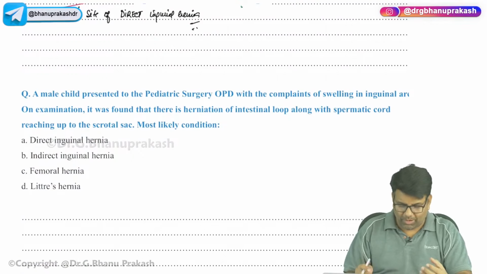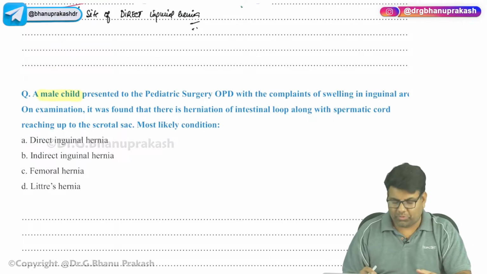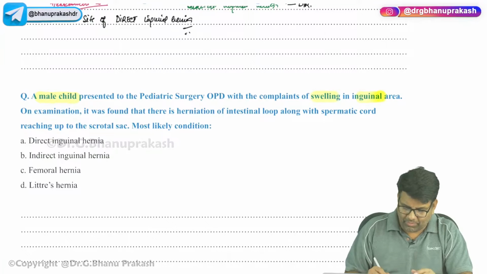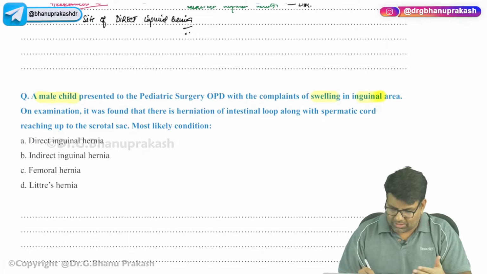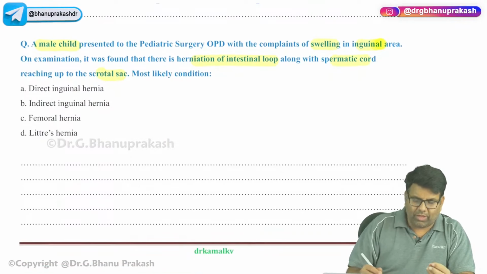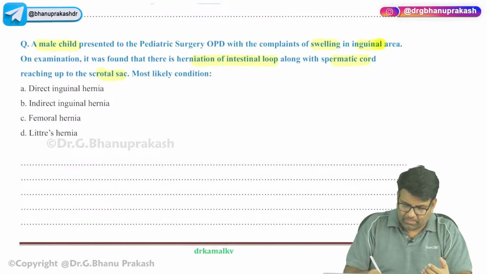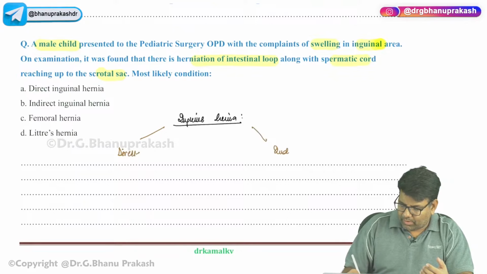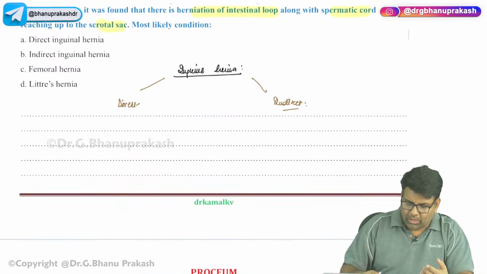Now, continuing the topic a little bit more, a male child presented with swelling in the inguinal area, and there was herniation of the intestinal loop along with the spermatic cord reaching up to the scrotum. Now, the two types of inguinal hernia which we usually discuss: one is direct, another is indirect.